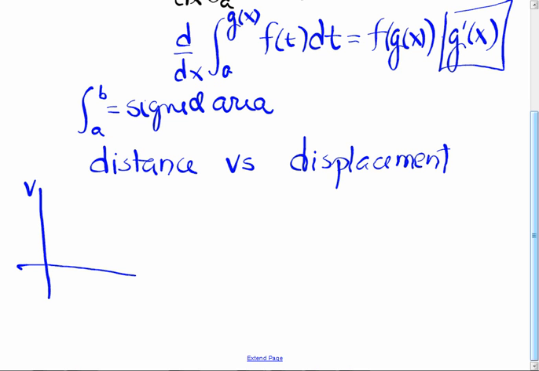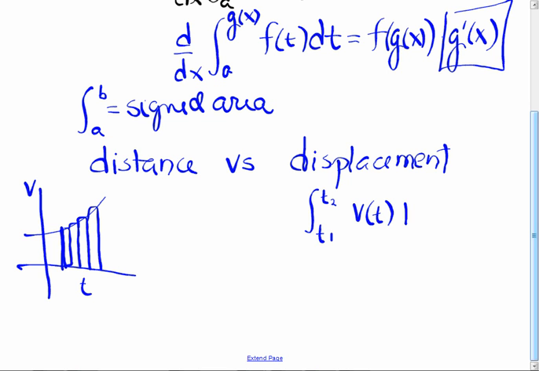Sorry, my picture's not very good. This was the rate times the time, and that gave you the distance. And of course, you had to add up all these little rectangles. We're going to make them so tiny that it actually just shades everything in. If you integrate your velocity function from t1 to t2, that's equal to your displacement.